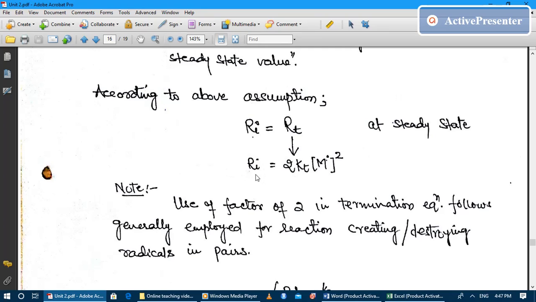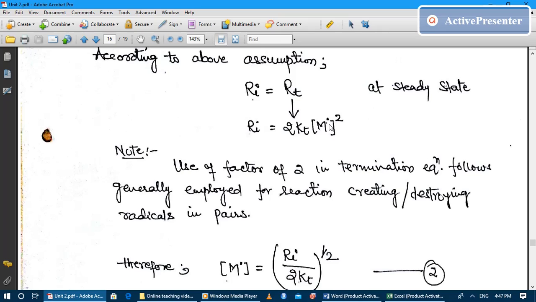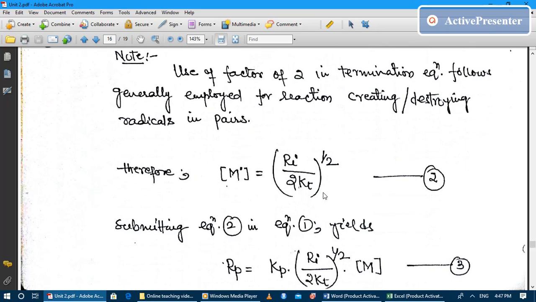Okay. So rate of initiation Ri will be equal to rate of termination. But again, the concentration of M dot is difficult to measure. So from here we can separate out the concentration of M dot, which is equal to (Ri over 2 kT) to the power half.